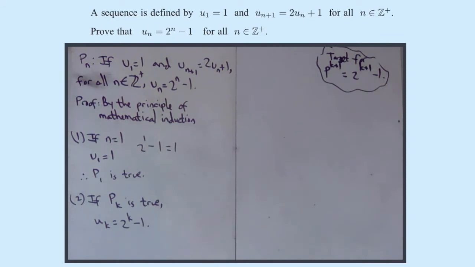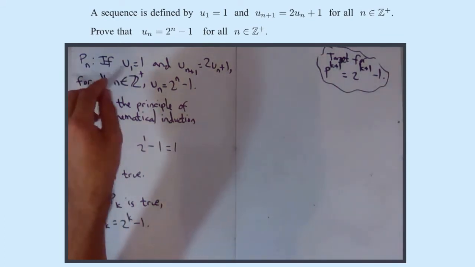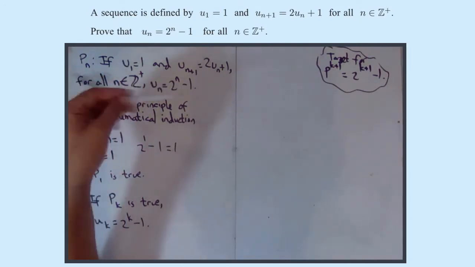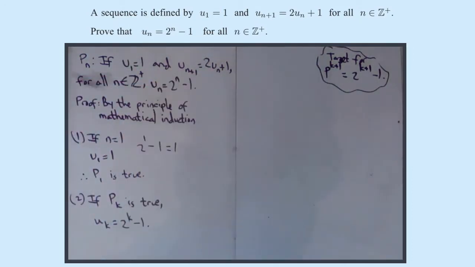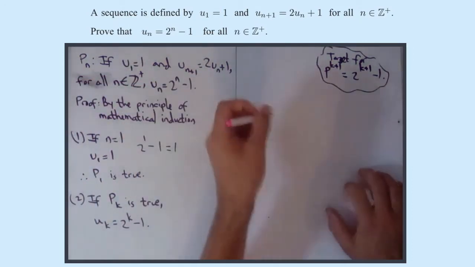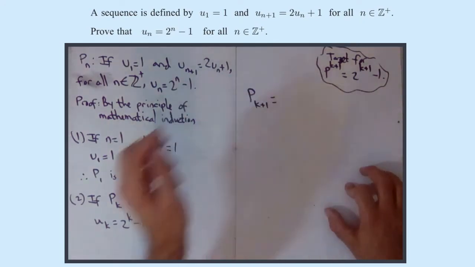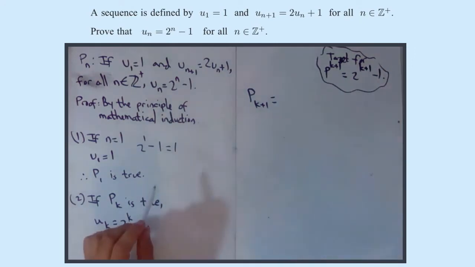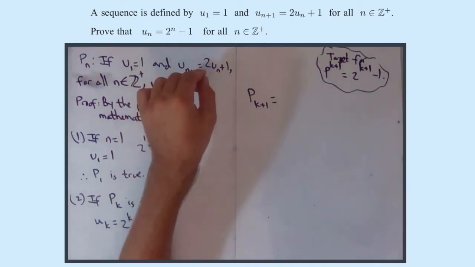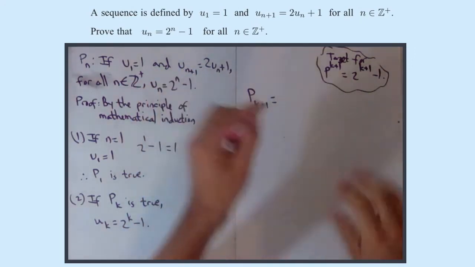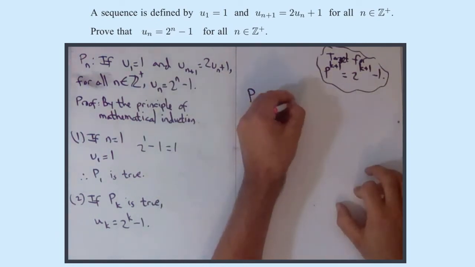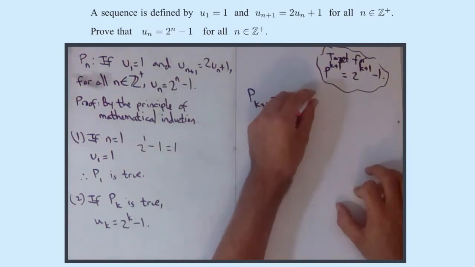So we're going to have to write u(k+1) in terms of this definition here, in terms of the inductive definition, which is going to be 2uk plus 1. Remember, the next term is 2 times the current term plus 1, so equals 2uk plus 1.